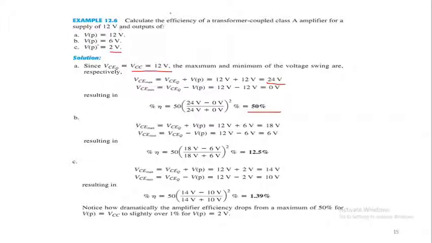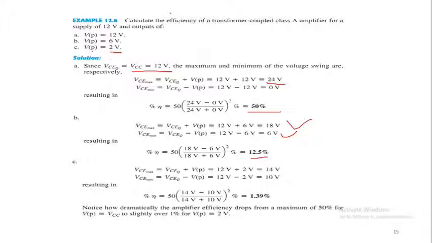सो अगर पार्ट बी में उसको हाफ कर दिया, दैट इज अब पीक वैल्यू ऑफ VP इज 6 वोल्ट, सो VCE max इज नाउ 18 वोल्ट एंड VCE min इज नाउ 6 वोल्ट. So percentage efficiency calculated by this equation will be 12.5%. So it has decreased dramatically.